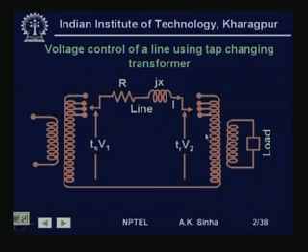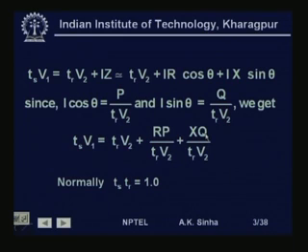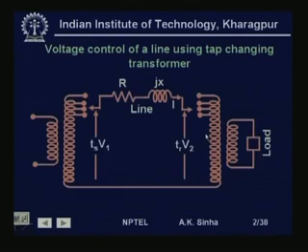Now, writing the circuit equation for this, we have T s into V 1 will be equal to T r into V 2 plus the drop which takes place here. If the current flowing in this line is I, then it will be I into Z, where Z is equal to R plus j x.